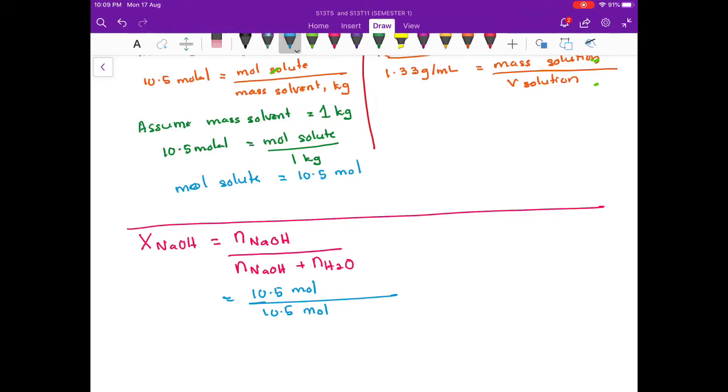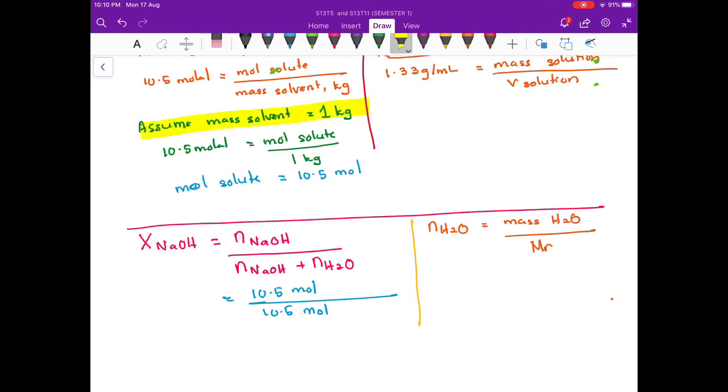Can you determine the number of mole of solvent? Mole of water as a solvent is equal to mass of water over molar mass. Do you have the mass of the water? Yes, it is our assumption.